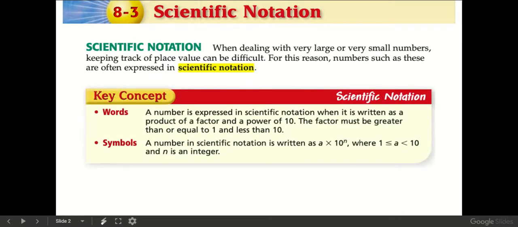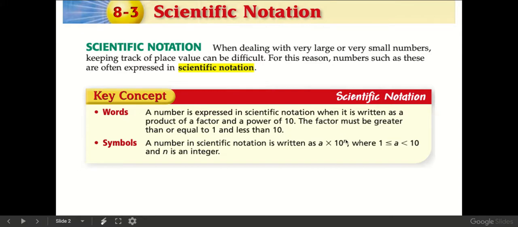So here's the first key concept. Scientific notation is a number that is written as a product of a factor and a power of 10. The factor must be greater than or equal to 1 and less than 10. So for example, a times 10 to the nth power means that a needs to be a number between 1 and 10.